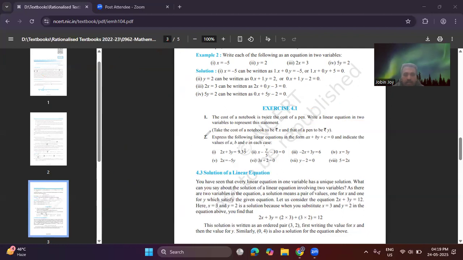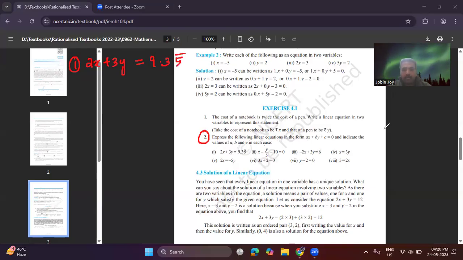The second question: express the following linear equations in the form ax plus by plus c equal to 0, and indicate the values of a, b, and c in each case. So the first equation is 2x plus 3y equal to 9.35 bar.